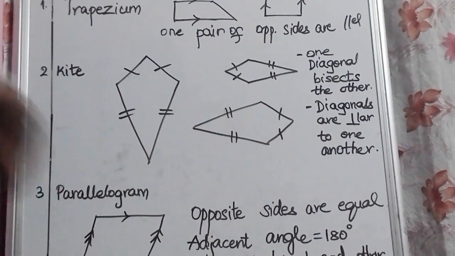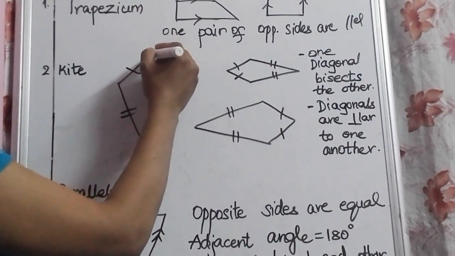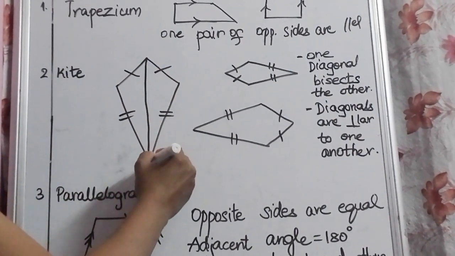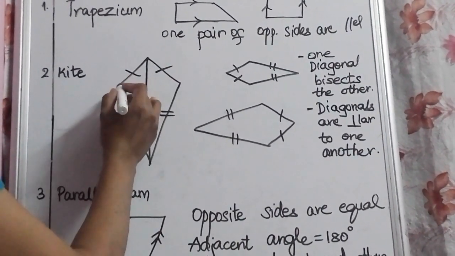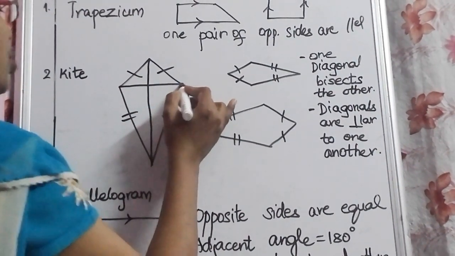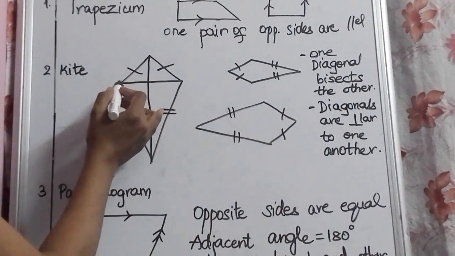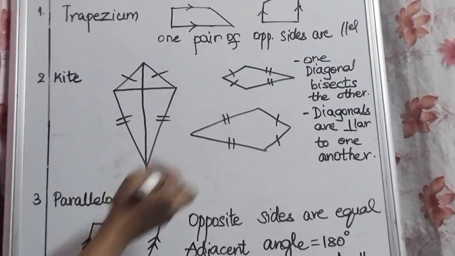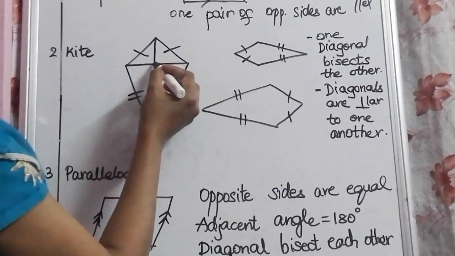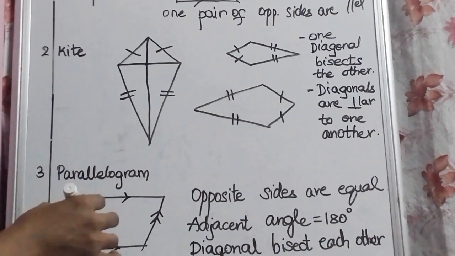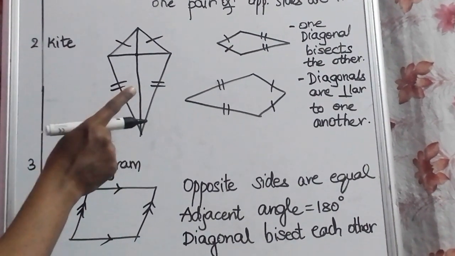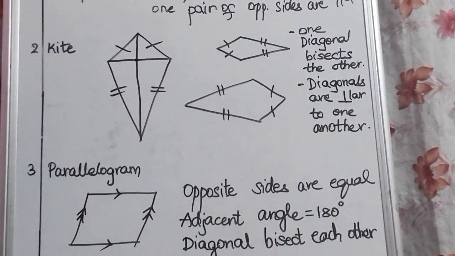You remember? When a line segment is drawn from one vertex to the opposite vertex, it is a diagonal. When two diagonals meet at one point, that is called bisecting. One diagonal bisects the other.